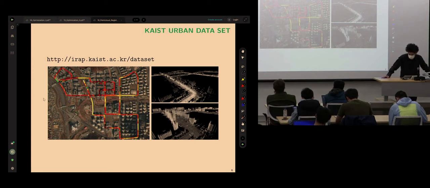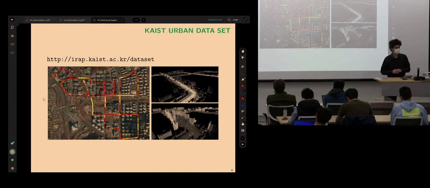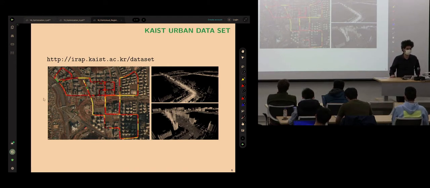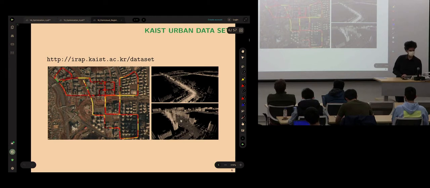It's similar, but the platform is newer, maybe 5 years, 10 years difference in the time they collected the data, less than 10. And the city is different. This is Korea, so it's not like the Michigan campus. So if you'd like to look at a different style of urban area, this is a good dataset.